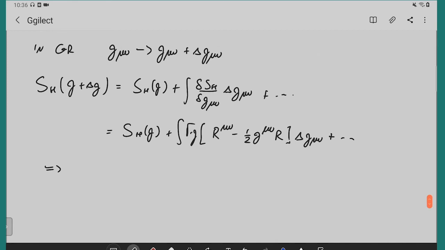So if you fix delta G to be A R mu nu minus B half G mu nu R, you will get that pure GR is one loop finite.